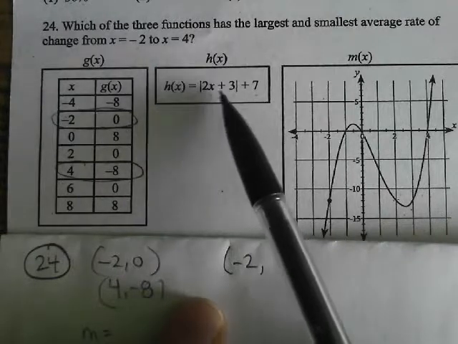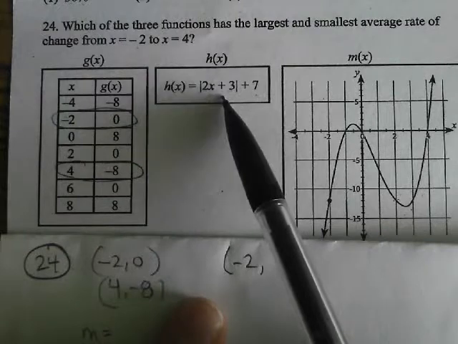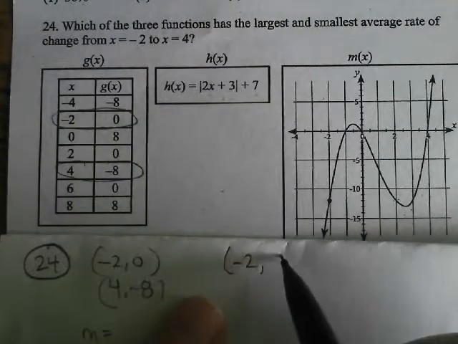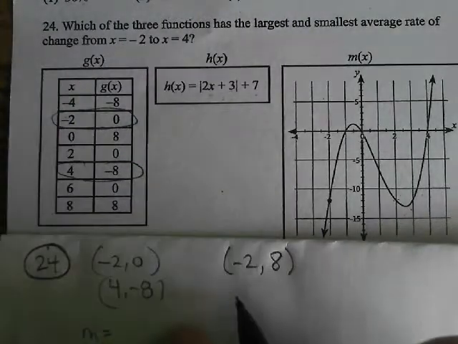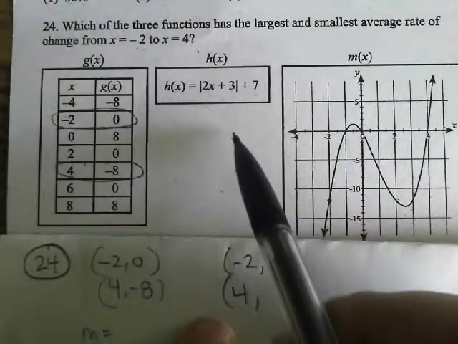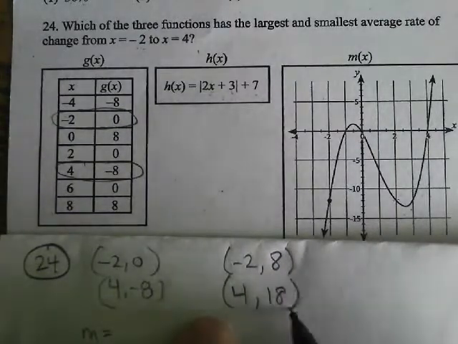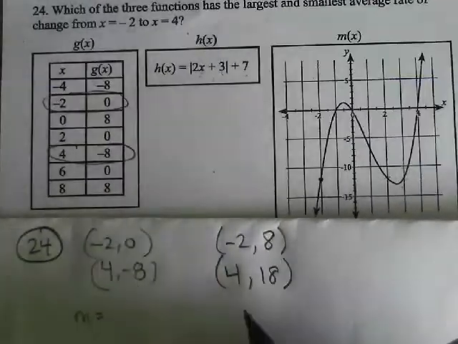Negative 4 plus 3 is negative 1. The absolute value of negative 1 is 1. 1 plus 7 is 8. And the x-coordinate of 4, because we're going from negative 2 to 4, would be 11. 11 plus 7 is 18. So we'll do an average rate of change slope formula for that.